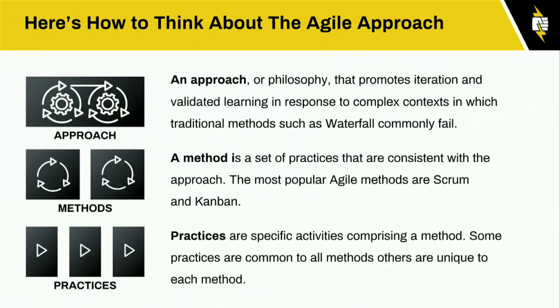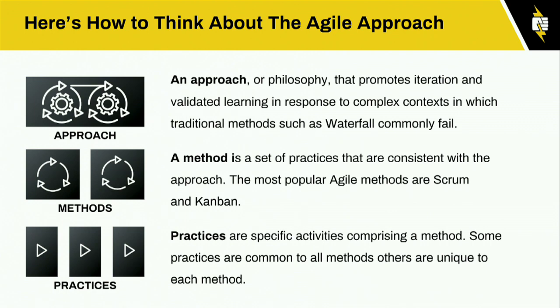So let me give you a little bit of structure, the way that I think about Agile, and what I've found resonates with marketers. I describe Agile as being a philosophy or an approach. And it's one that's optimized for this world in which we don't know what's going to work in 6 months from now. We can't confidently say, if I do this, I'm going to get the outcome that I want.